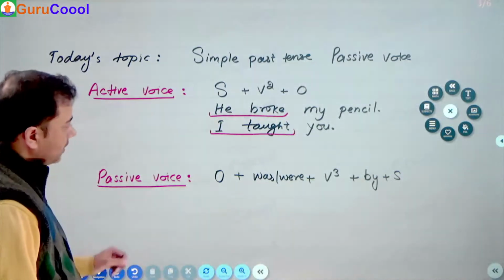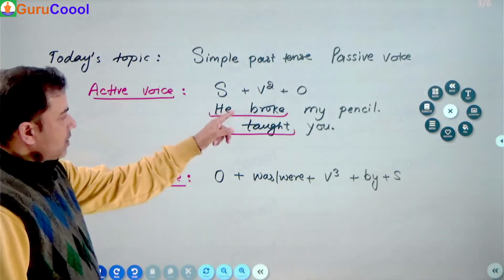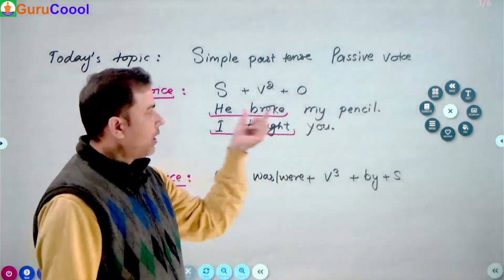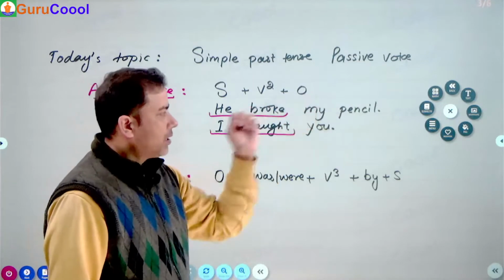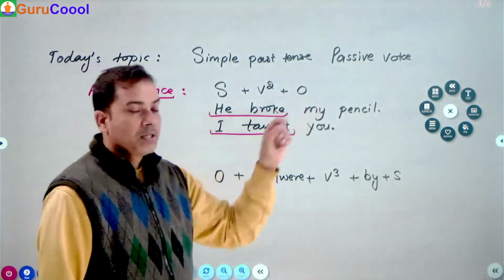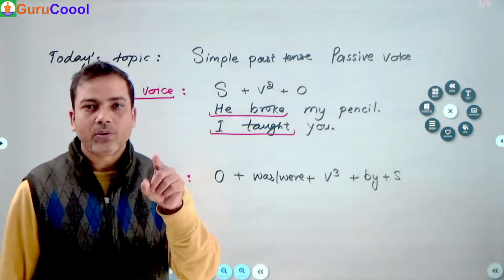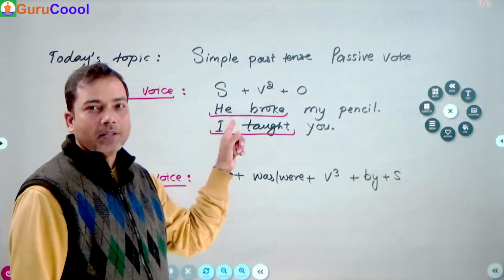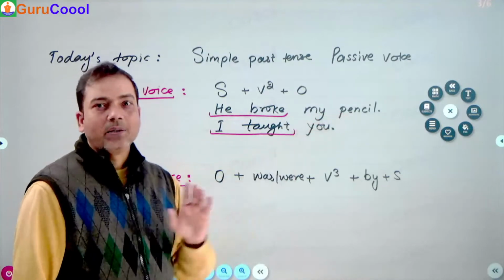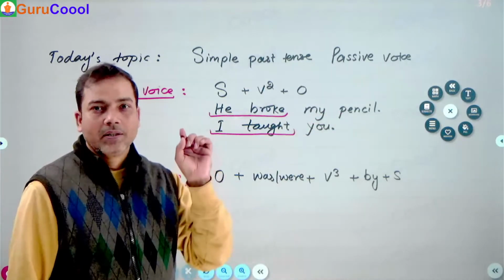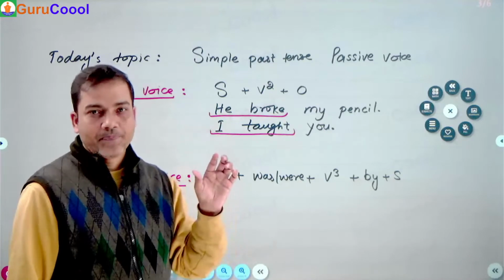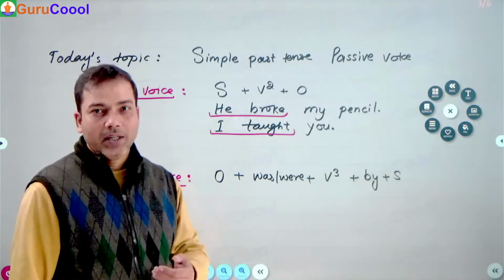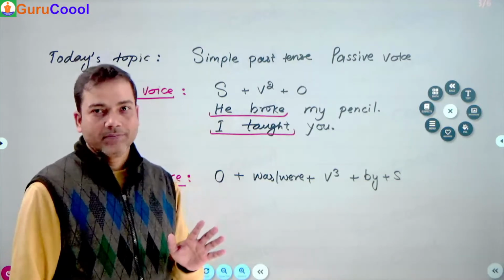Let's have some examples. The first sentence in active voice was, he broke my pencil. Now I want to say the same thing without pointing towards someone. I don't want to blame that person who broke my pencil. I don't want to mention the name of the person. I just want to say that my pencil is broken.